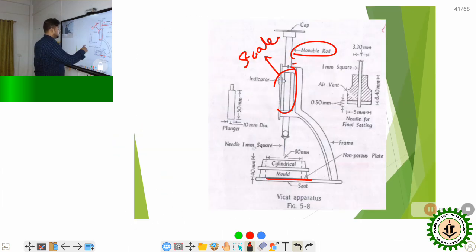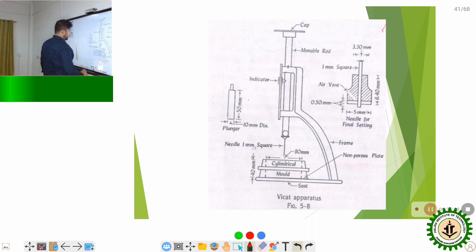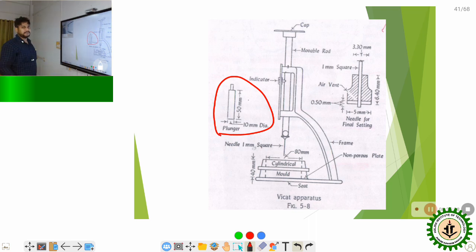Okay, this is the 10 mm dia plunger. It is used for experimenting the initial setting time.